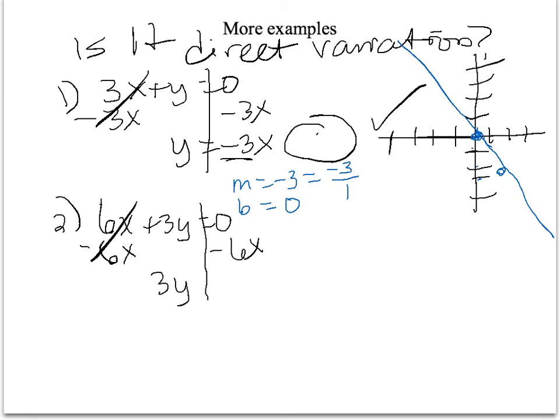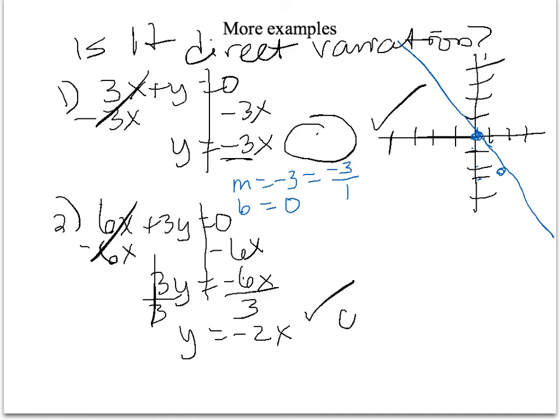I have 3y equals negative 6 times x. y is still not alone, so I have to get rid of this 3. So y equals negative 6 over 3, which is negative 2x. So yes, this is direct variation, and my constant of variation is negative 2.